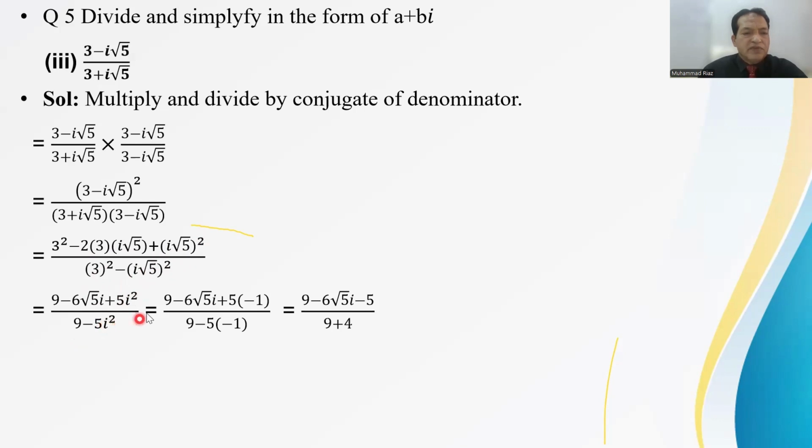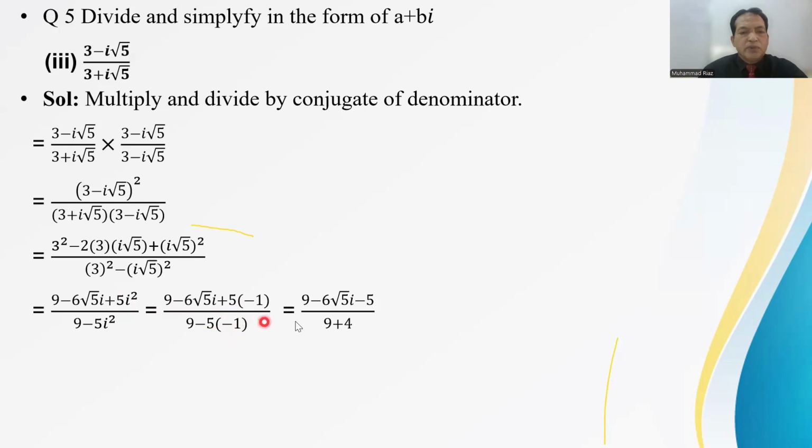For further simplification: 9 minus 6 under root 5 iota plus 5 into minus 1, the value of iota square, divided by 9 minus 5 iota square, with the value of iota square being minus 1.